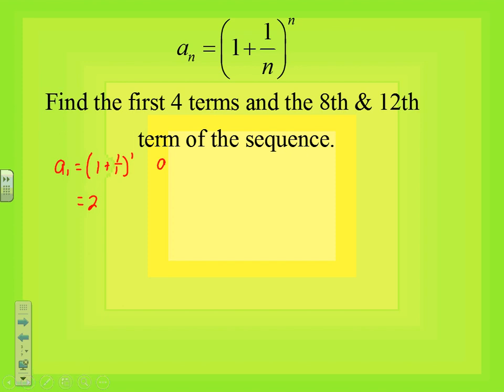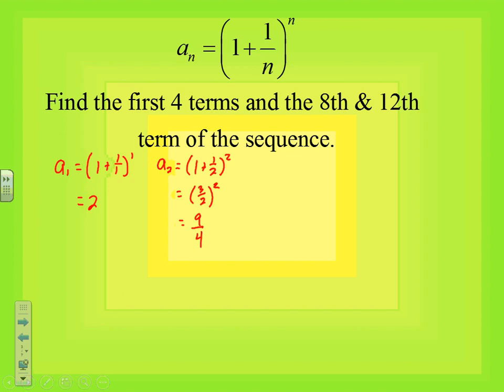So now I'll say A2. So let's look at the next one in the sequence. So I would say 1 plus 1 over 2, substitute the numbers, and 2 here. So 1 plus 1/2 is 3 over 2 squared. Well, that would give me 9 over 4.